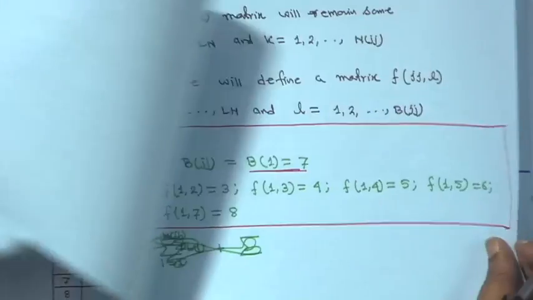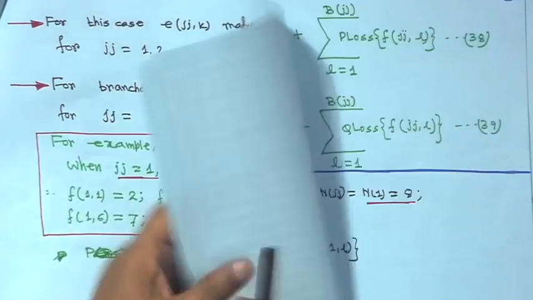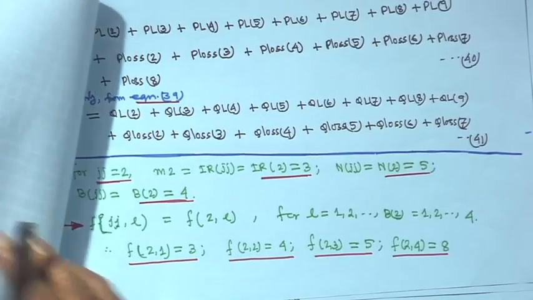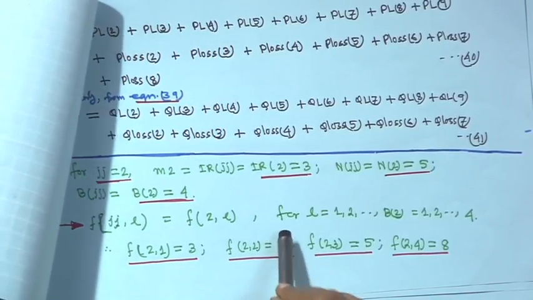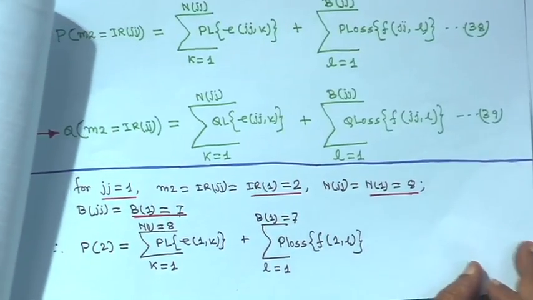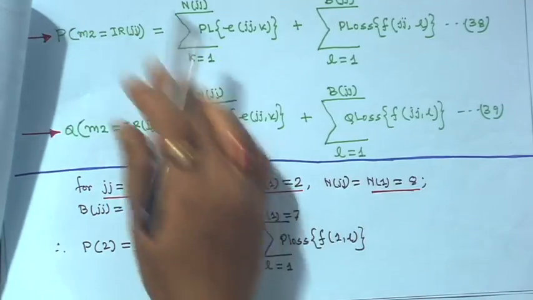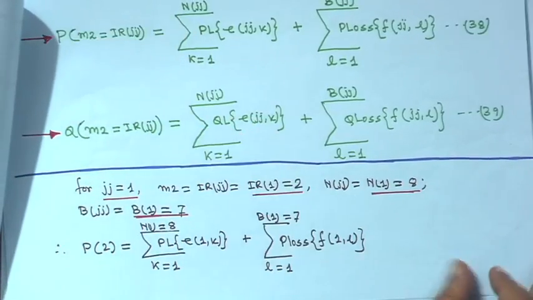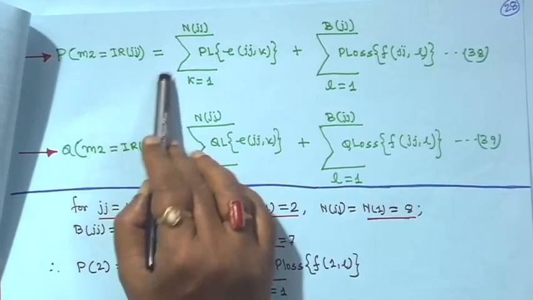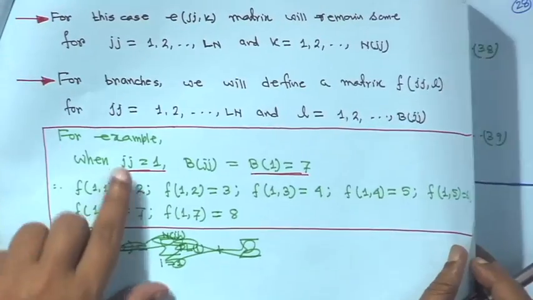Just hold on, I have explained this one later. Before that, what I have done is the total load fed through this node, PM2; this expression I first showed.